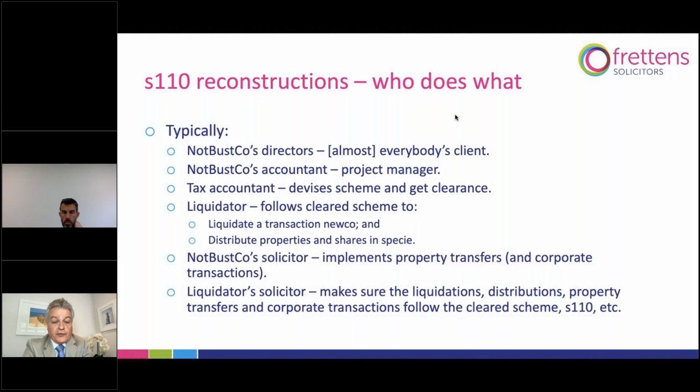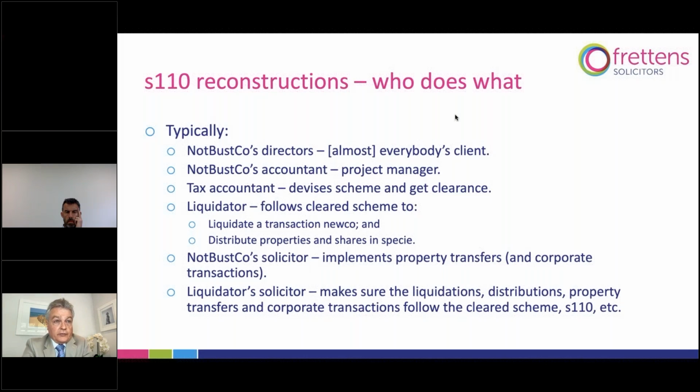And there's also the job of the liquidator solicitor to make sure that the liquidations, the distributions, the property transfers and the corporate transactions within the liquidation all follow the cleared scheme and the requirements of Section 110. And the liquidator solicitor will actually be looking a bit more widely at that to make sure that the transaction is all happening as it should be.